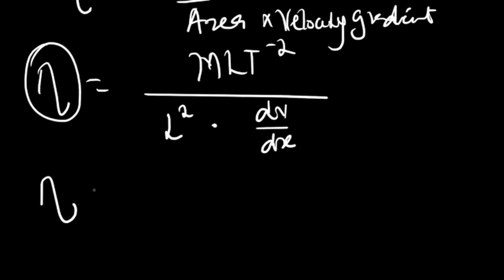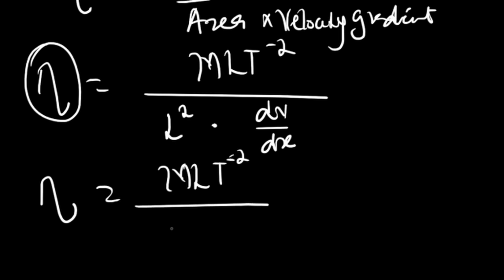So we can now write viscosity is equal to MLT^-2 on top, over L squared, then multiplied by the rate of change of velocity, where the dimension for velocity is LT^-1, over change in distance.